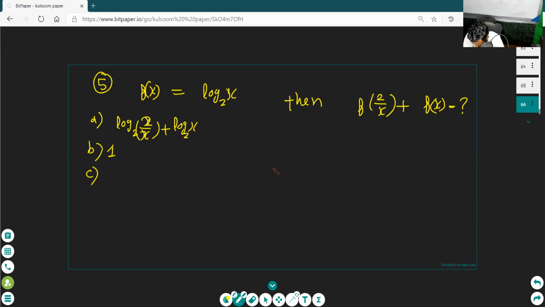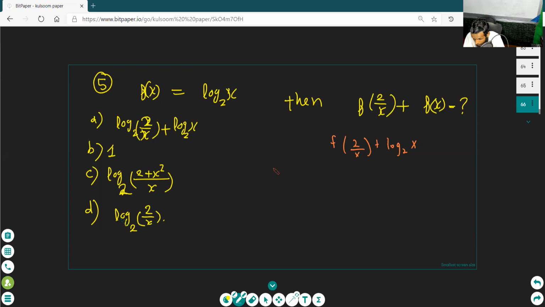I am writing the option, but you should write. 2 upon x is equal to 0. Okay.